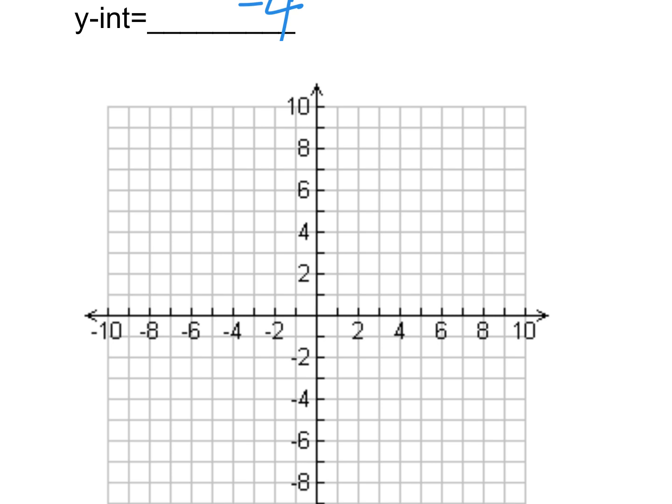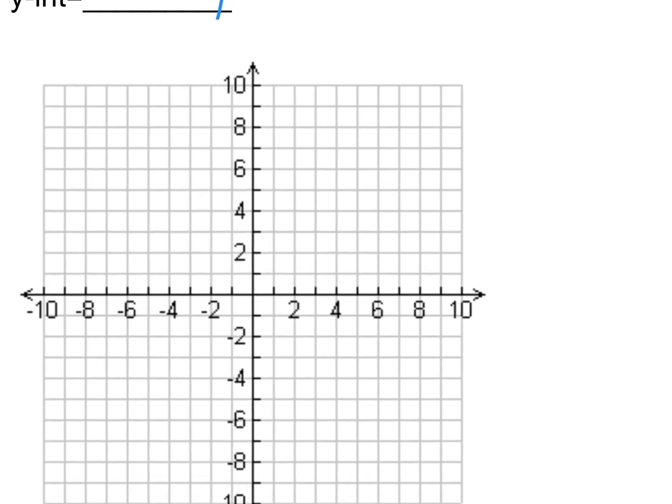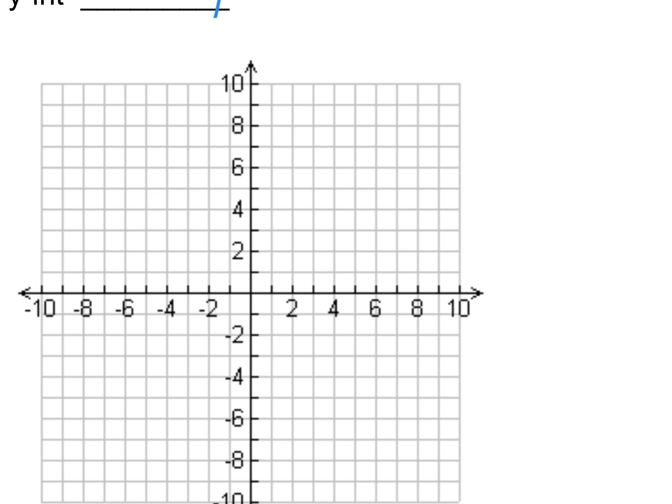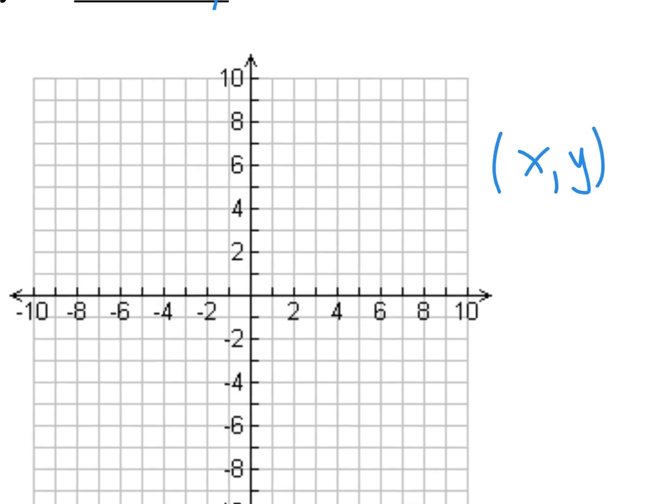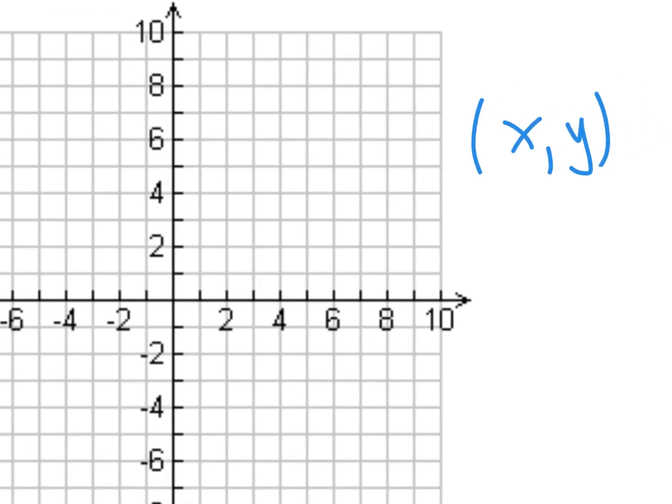Remember, our points on a graph, we label them as what's called an ordered pair. That's where we have a parenthesis, and we have some number that represents the x value and some number that represents the y value. For example, if I put a point right here on the graph, let's go right here. That blue dot would be represented as my x value being 2, because our x value is looking at the horizontal numbers.